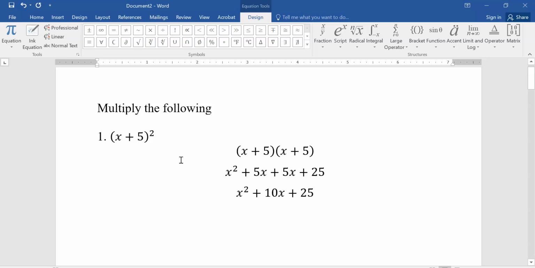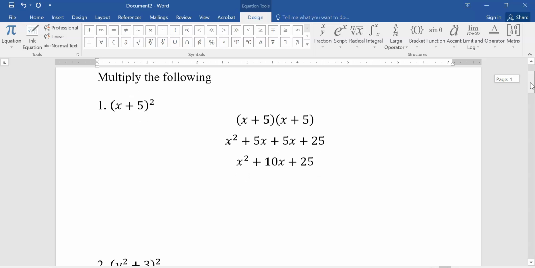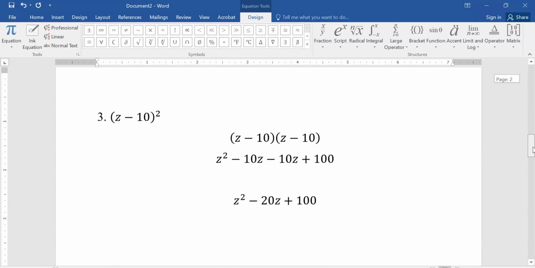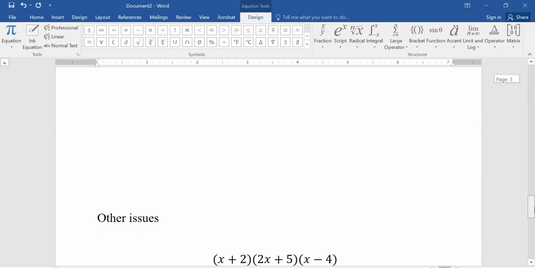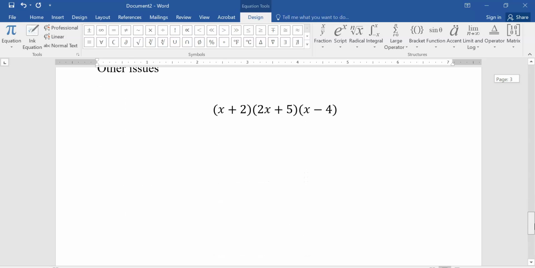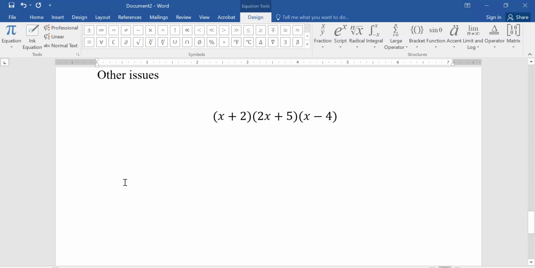Now, one other thing that I like to point out that is not in the book is this issue. What if I want 3 polynomials multiplied times each other?